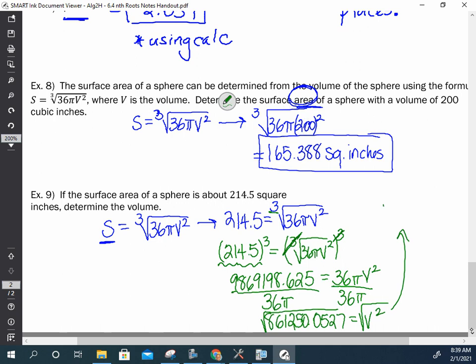So you end up with 928.034 for your volume, and that's cubic inches. So you essentially solve the equation.